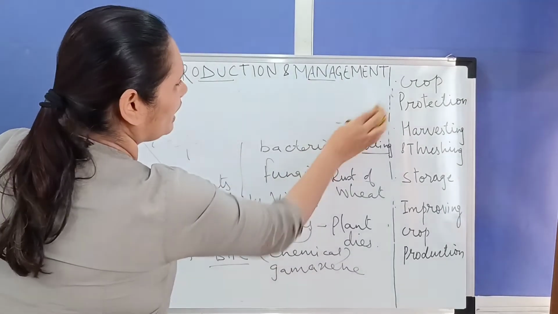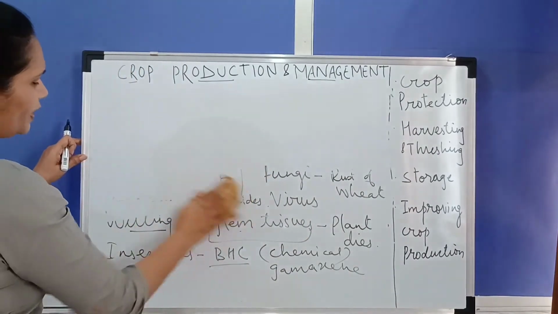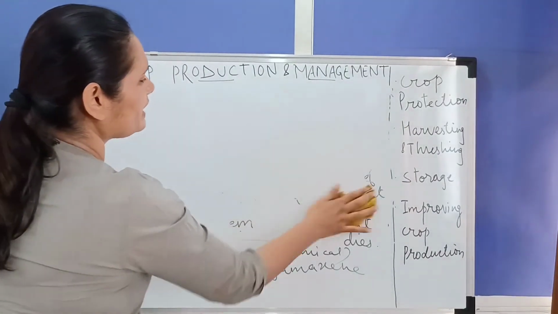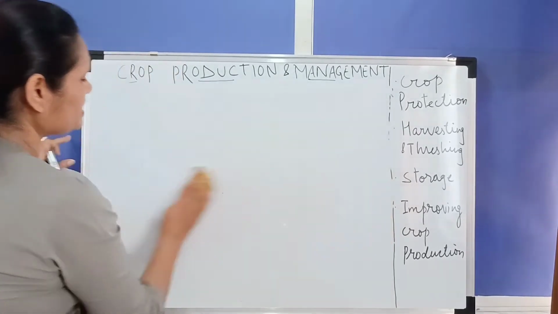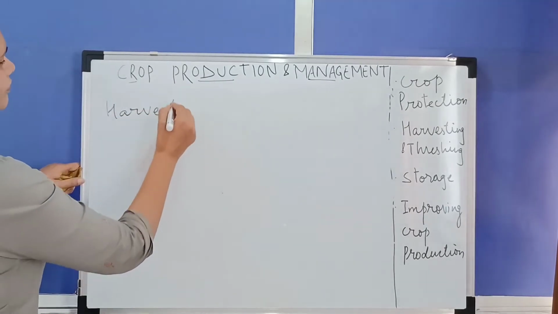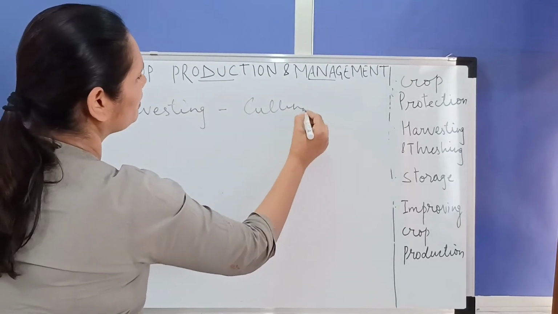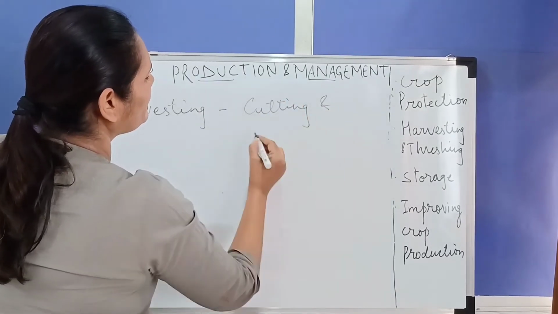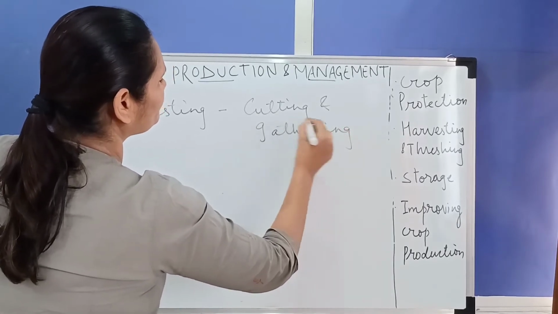Okay, now let's talk about after we have protected the crops, then comes harvesting of the crop. So what is harvesting? Harvesting means cutting and gathering the crops.